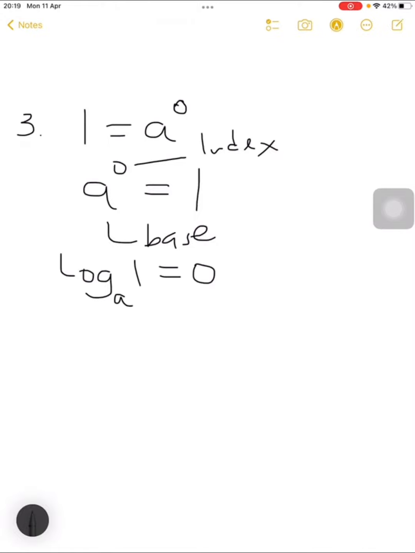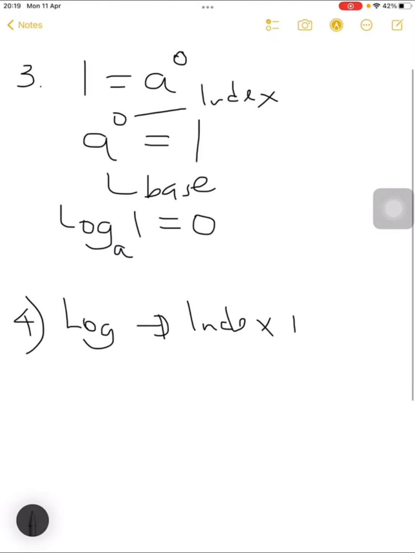Okay, now example number 4. Now we will be changing from log notation to index notation. In the first examples we were changing from index to log.